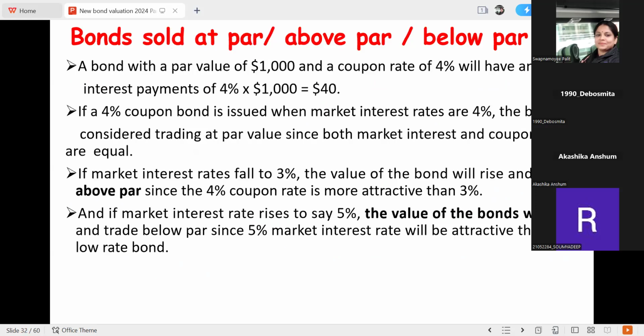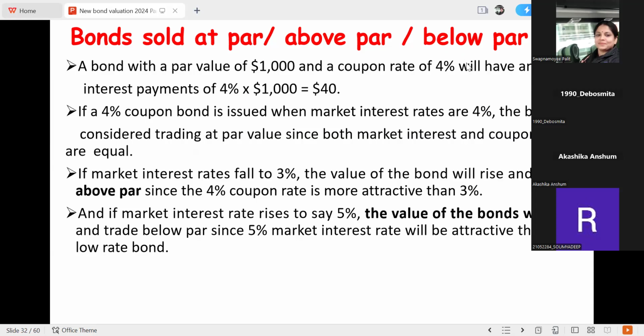Okay. So for example, we have taken this example, but last class I just told you in a hurried way. You can see that a bond is always sold at a par value. Par value means the face value at the time when it is issued. So suppose the par value of a bond is 1,000, and the interest rate, that means the dividend it will give, is 4%, which is known as the coupon rate.